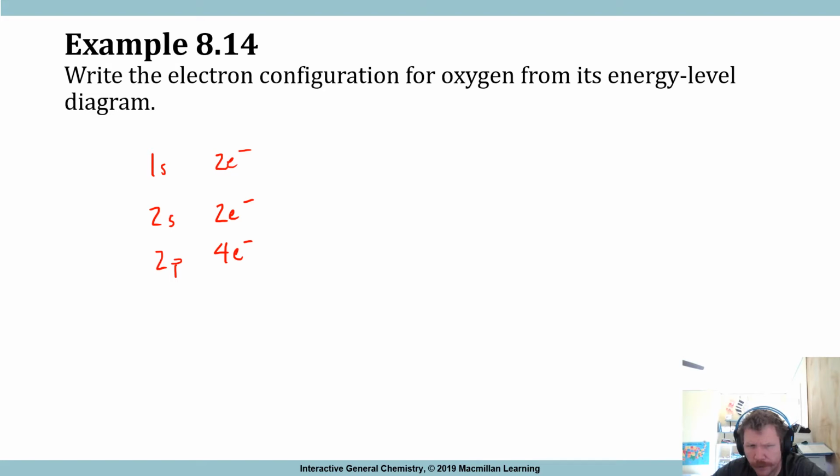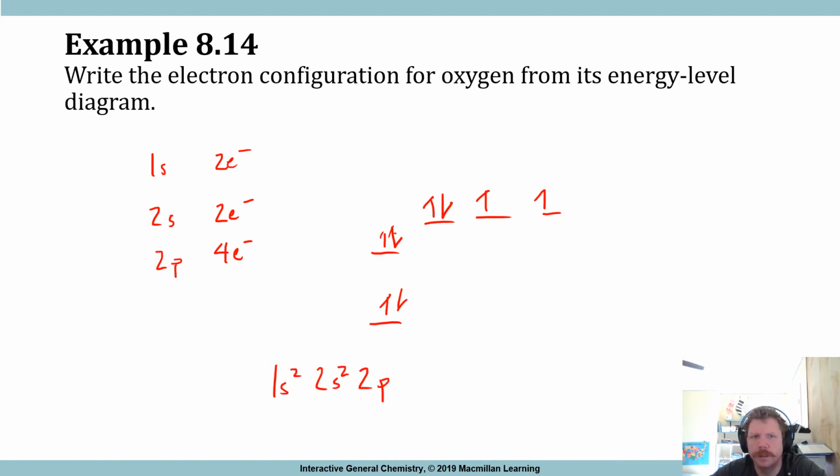So our energy level diagram would look something like this: up, down, up, down, up, up, up, and then down. Our electron configuration is 1s2, 2s2, 2p4.